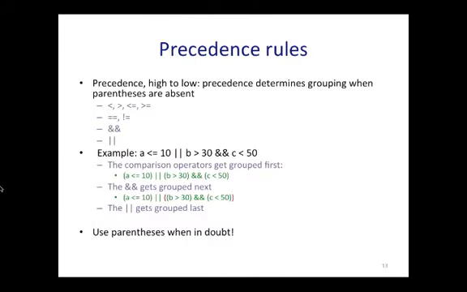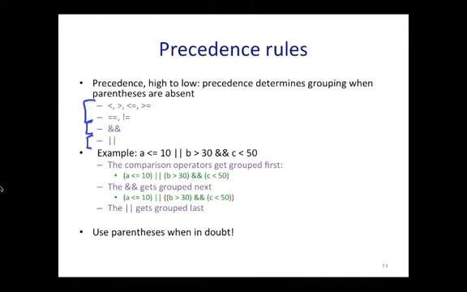Okay, the precedence rules for evaluating operators: the comparison operators have the highest priority, and the inequality operators have higher priority than the equality operators. That's what these first two things right here say: the inequality operators have top priority, then the equality operators, then and, and or has the lowest precedence.